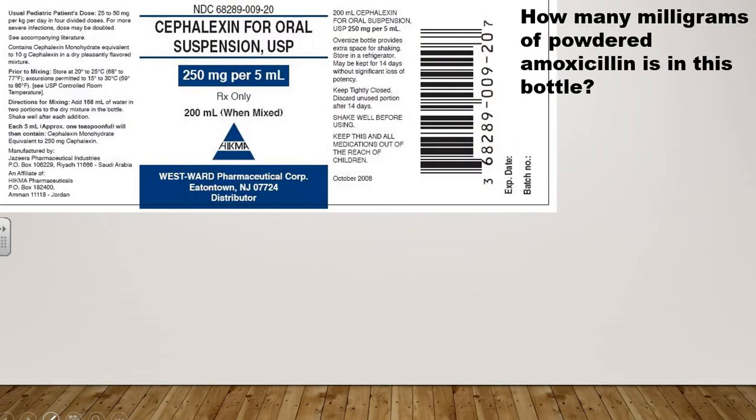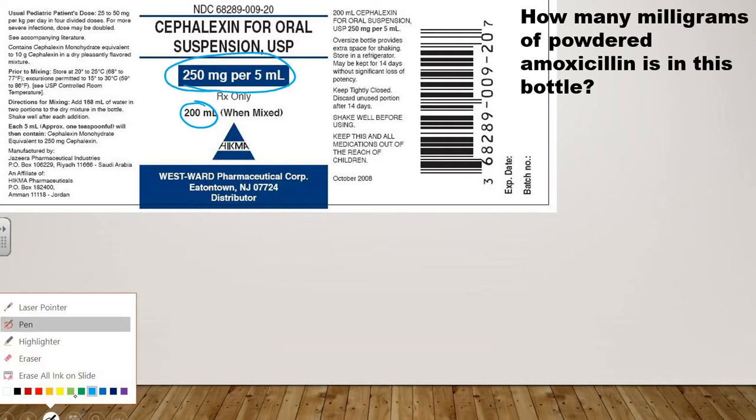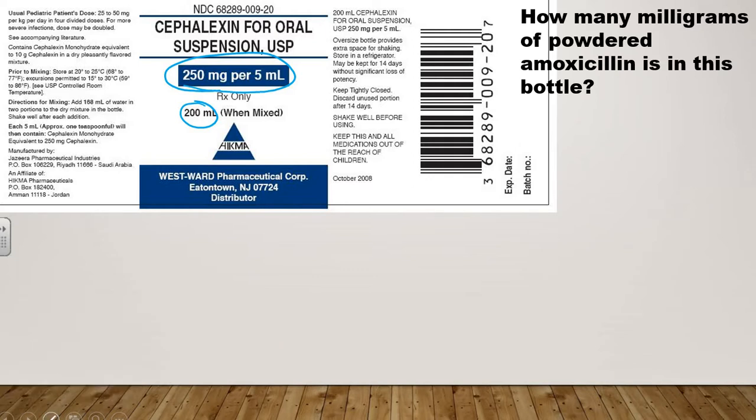Let's try another one. Here's another bottle. And on this bottle, it says it has, when you add 200 milliliters, it's going to give you this concentration. And you're trying to ask how many milligrams of medication are in there to begin with. How many milligrams of powdered amoxicillin is in the bottle? You start with your concentration.